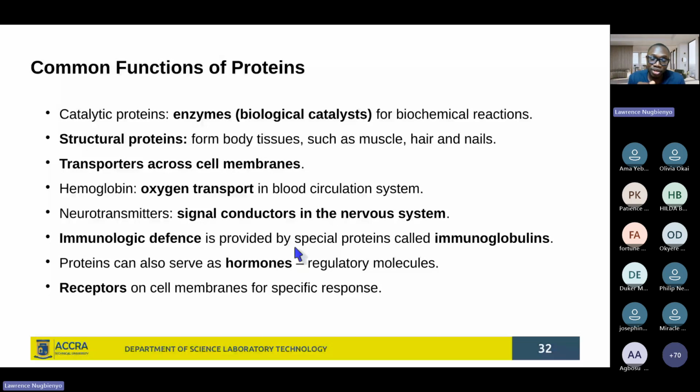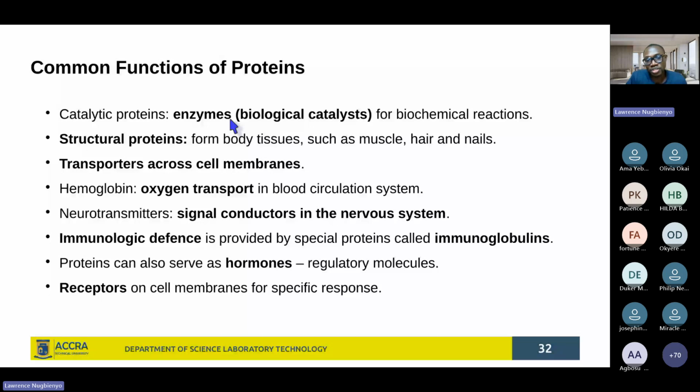And because we are coming to talk about metabolism of different biomolecules, we'll focus on this first function, which is proteins acting as biological catalysts, as enzymes, to accelerate the rate of chemical reactions.